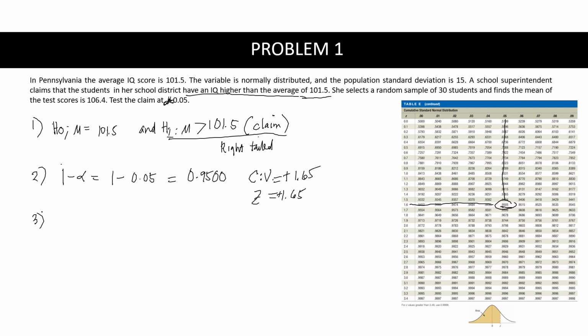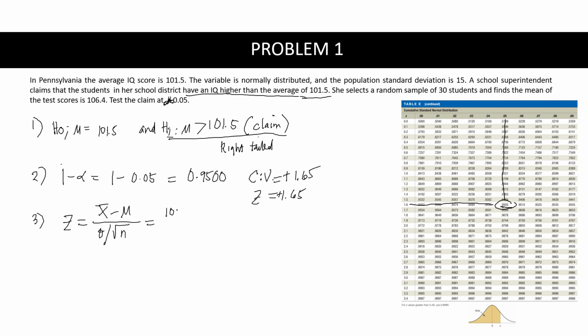Third step is to compute the test value. Since we are computing the z value here, z is equal to the mean minus mu, over the standard deviation divided by the square root of n. So compute this one. What is the mean of the test score?